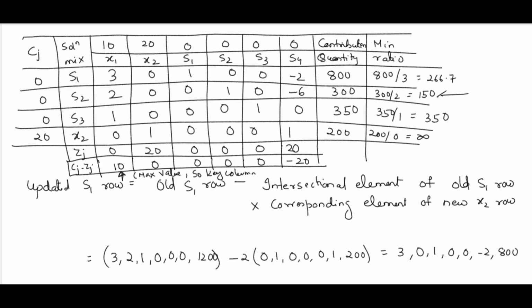Minimum ratio is this much, so it is the key row. And what is the intersection element? Where the key row and key column intersect. So this is the intersection element, 2. Intersection element shows that at this stage S2 will be the outgoing variable and X1 will be the incoming variable in this matrix.